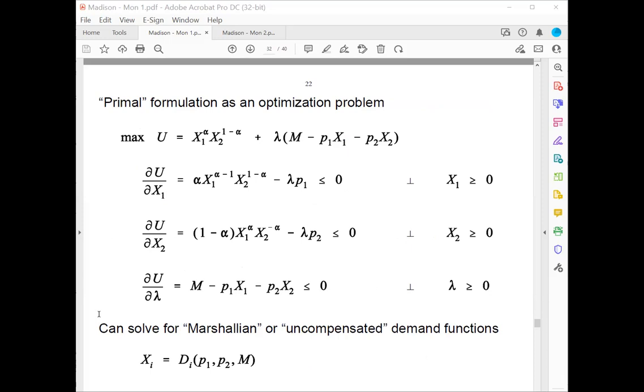So that's a Lagrangian function then at the top line, maximize U equals utility function plus a Lagrangian multiplier times the budget constraint written in implicit form. So it equals 0 if you're fully spending your income.